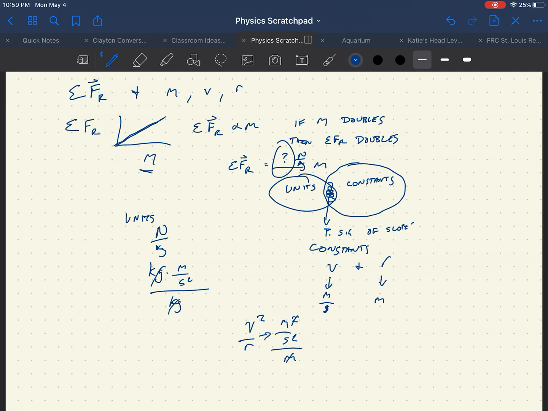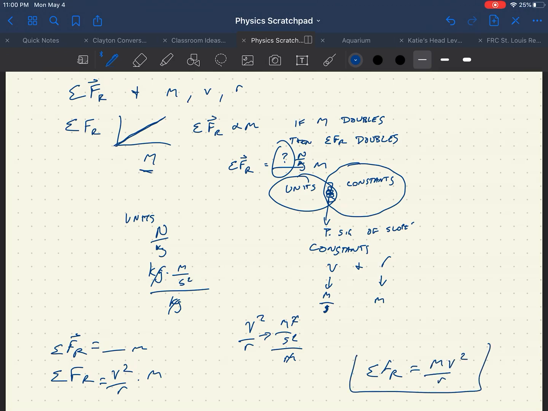So what that's telling us is that the net force radial, this is coming up to a general model now, net force radial equals something times mass, and we just said that that something is speed squared over r times mass. And we can rewrite that equation as net force radial equals mv squared over r. That's the general equation we get from that first experiment, net force radial versus mass.